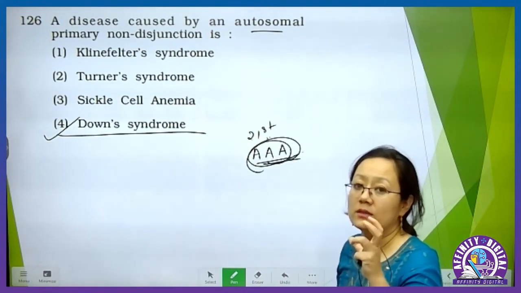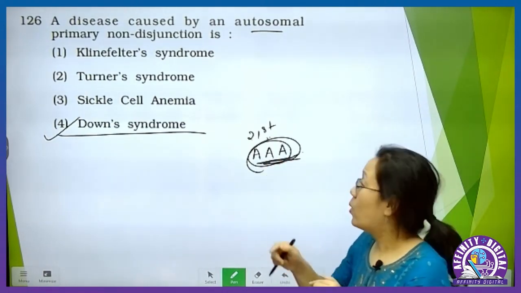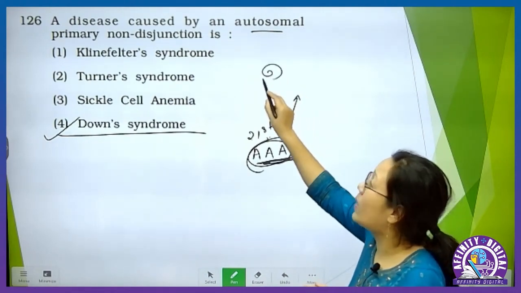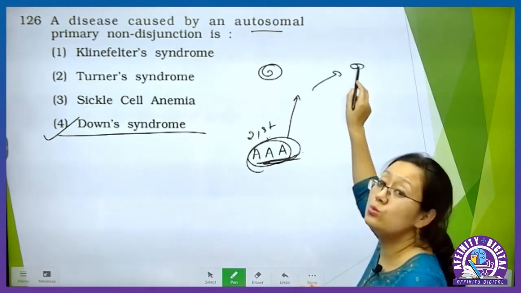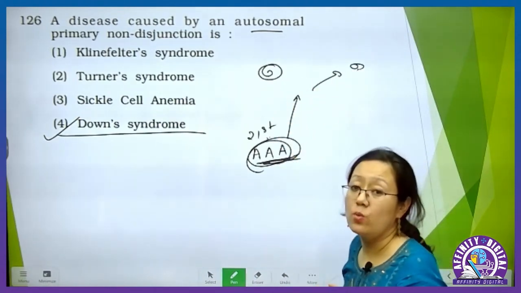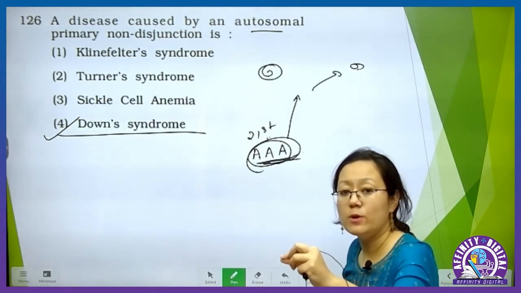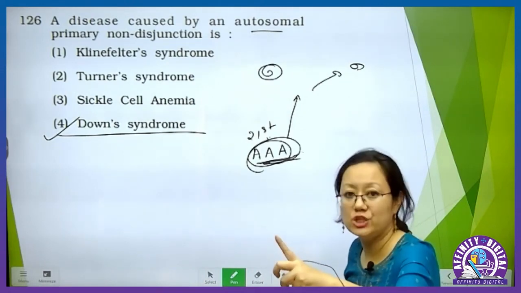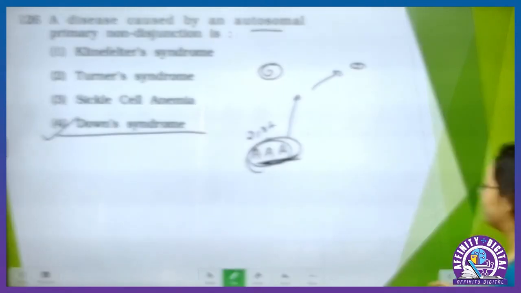That means 3 copies of the 21st chromosome occur in a person. Why? It can be because of the father's spermatogenesis, or the mother's oogenesis. Because during anaphase 2, if the 21st chromosome is not separated or non-disjunction occurs, then it leads to this kind of condition.